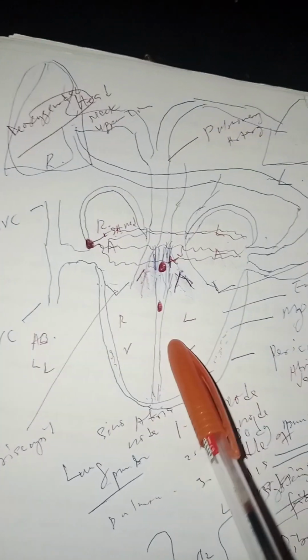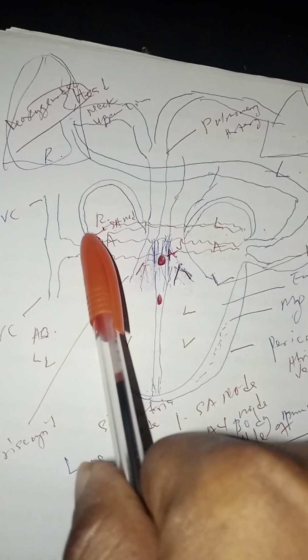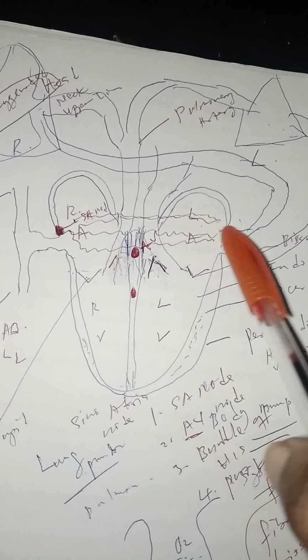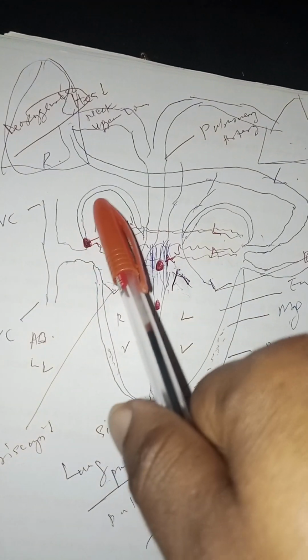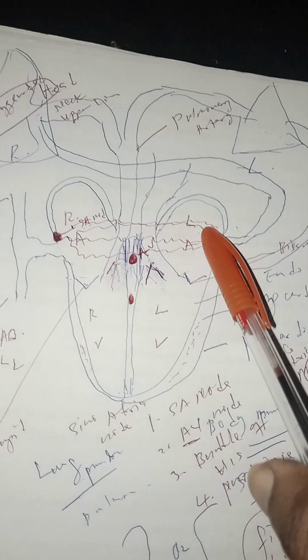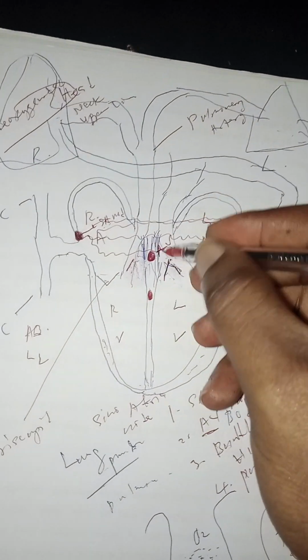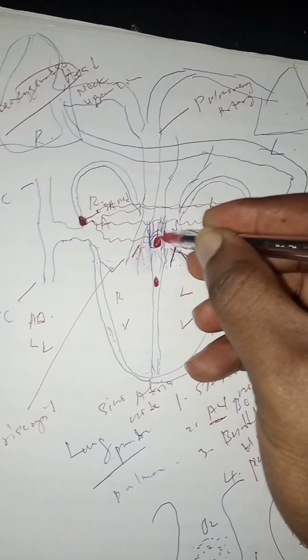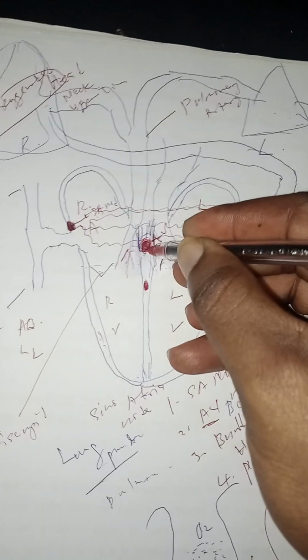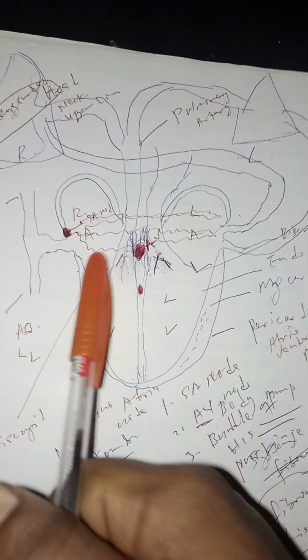So what happens is that the SA node generates electrical impulses, they spread from the right atrium to the left atrium, and they are collected and received by the AV node, which is found at this valvular level.